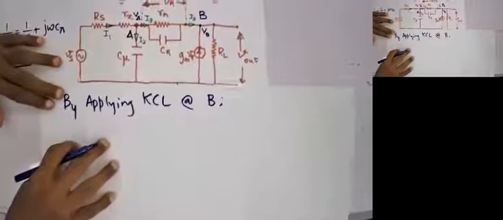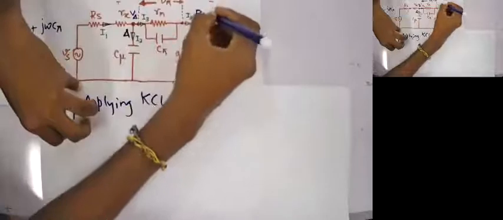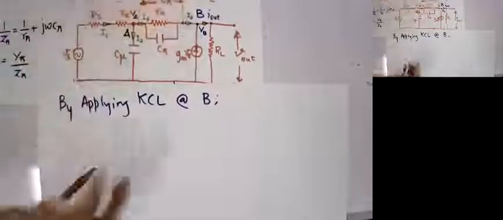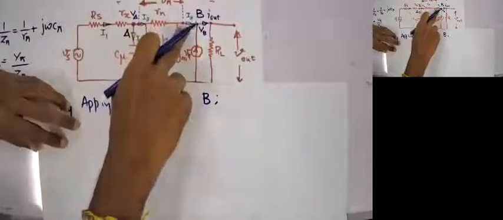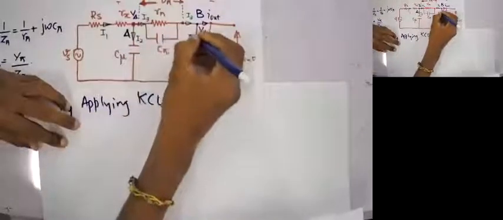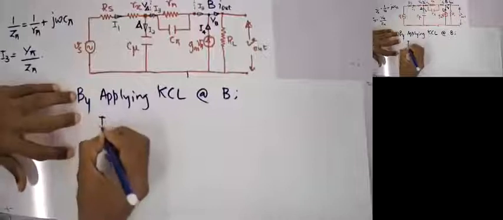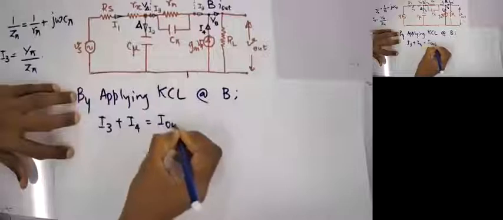So here I can simply say, the incoming current is these two, and outgoing current will be my I out. Let's take this as I out. So these two are going inside and I out is coming out. So I can say that I3 plus, let this be I4, I3 plus I4 equals I out. Am I right?